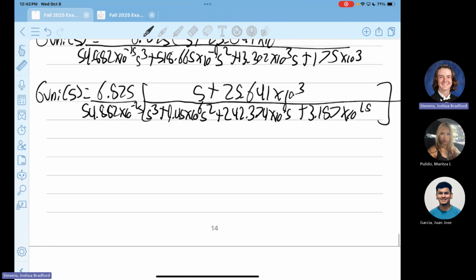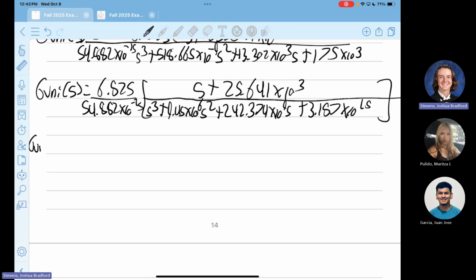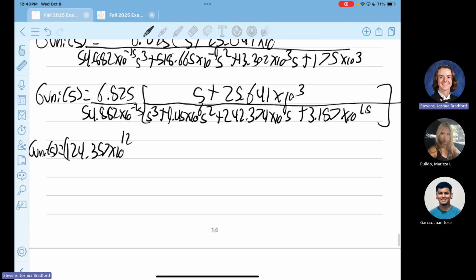So you'll have G, V, and I of S is equal to the K of 124.357 times 10 to the 12th. That's the K. The numerator in this case is S. Oh, it's still the same. 25.641 times 10 to the third.